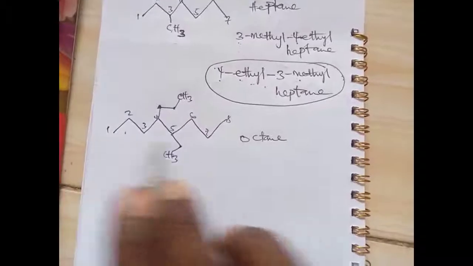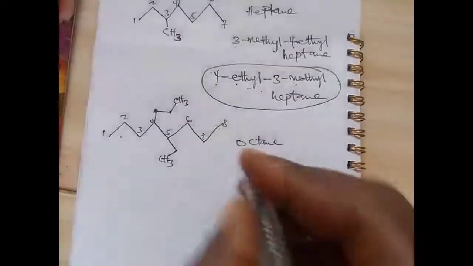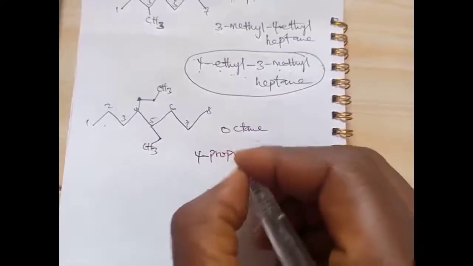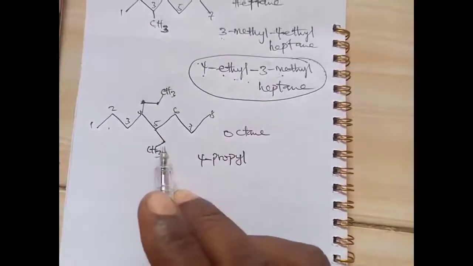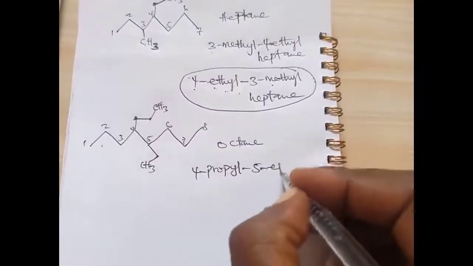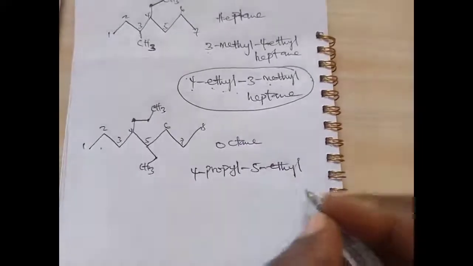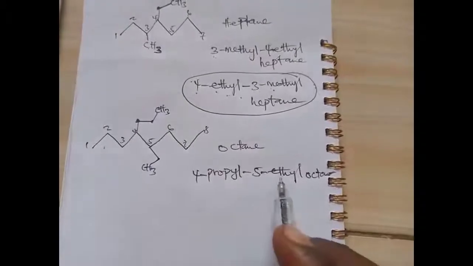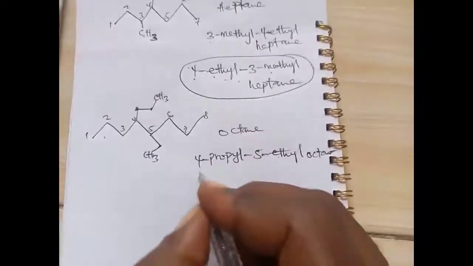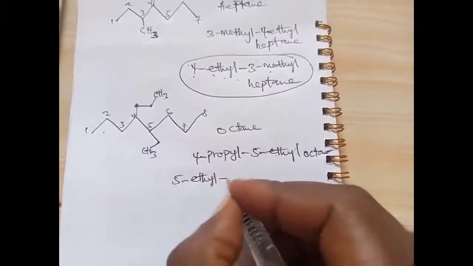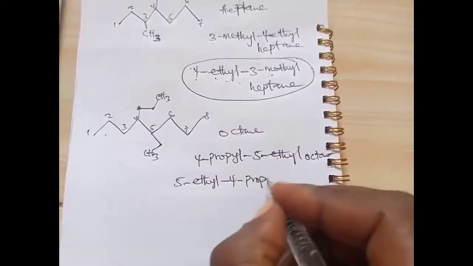So, if we are naming in this direction, we can say 4-propyl, then 5 we have ethyl, 5-ethyl, then octane. Remember, according to the last example that we gave, E comes before P. So, because of that, we can say 5-ethyl, 4-propyl, octane.